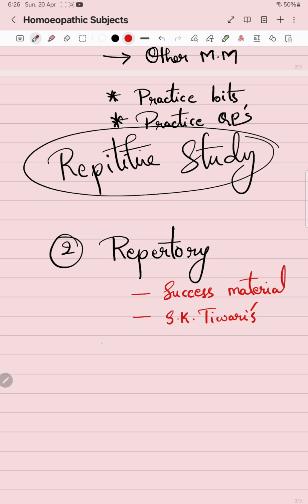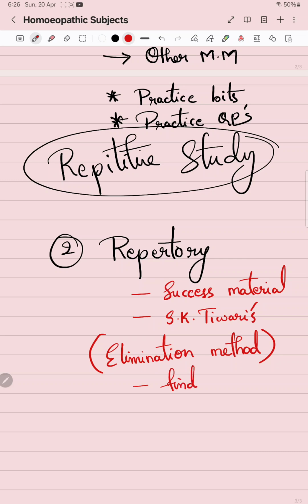And mostly in repertory you can do the elimination method. Elimination method works while finding rubrics, rubric chapters or rubrics, whatever it may be.